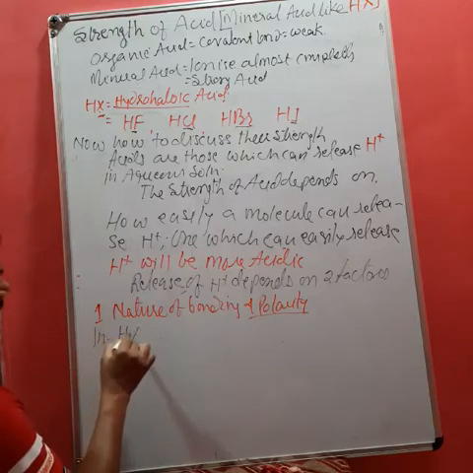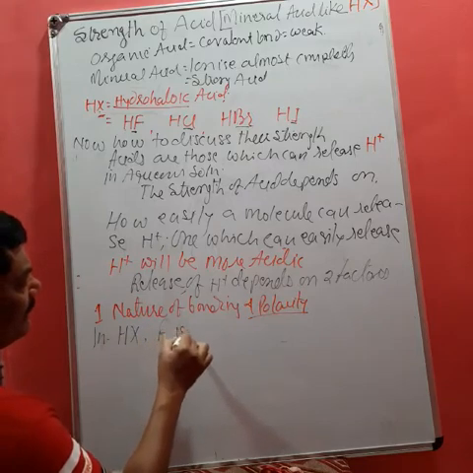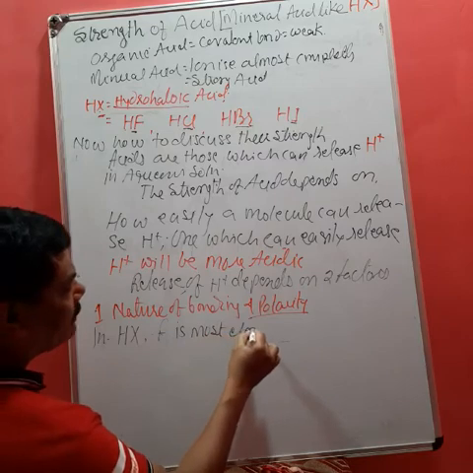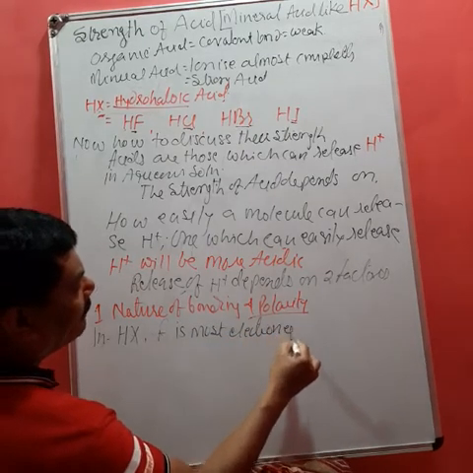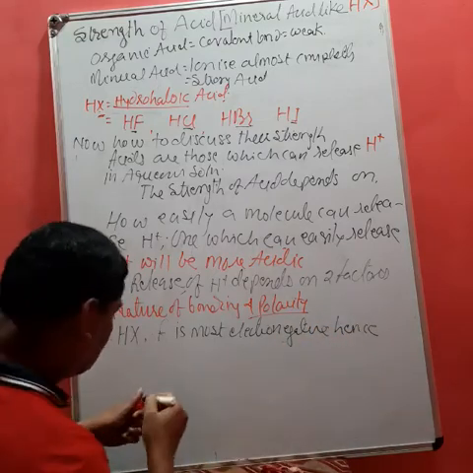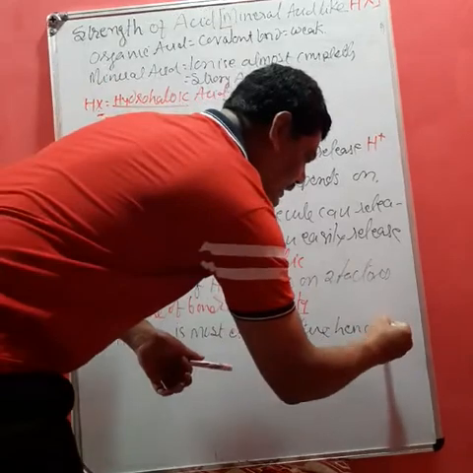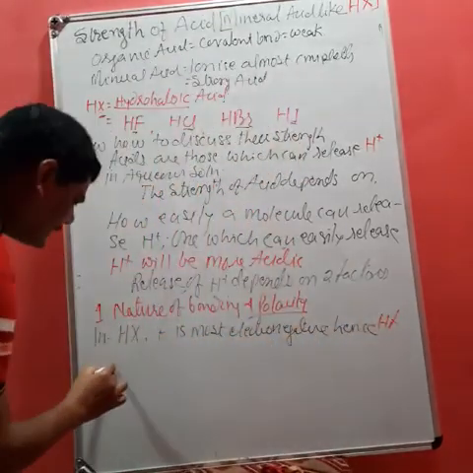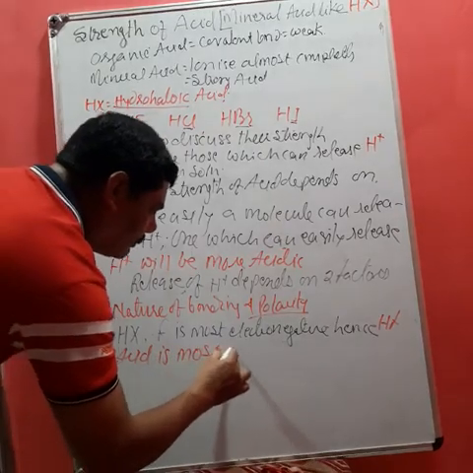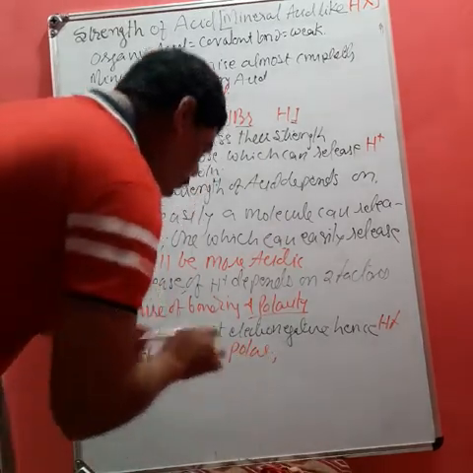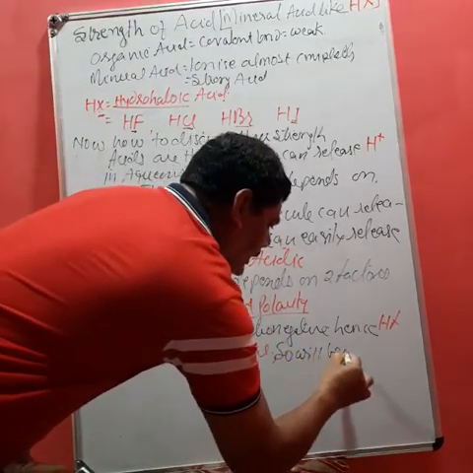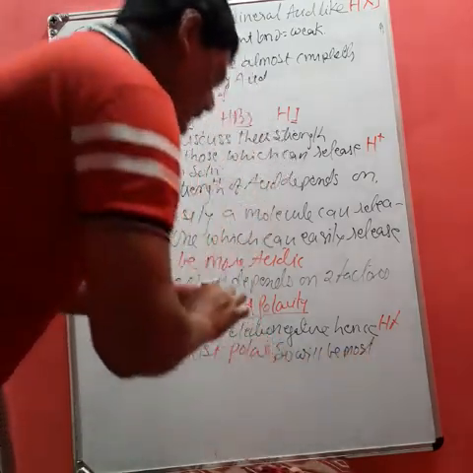In HX, F is most electronegative, hence HF acid is most polar, so will be most acidic.